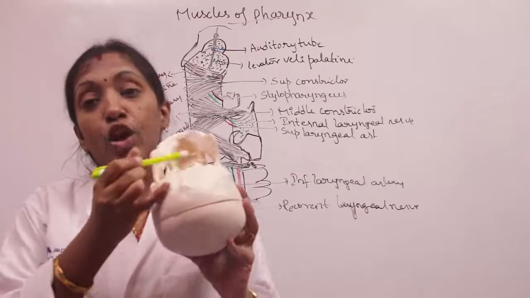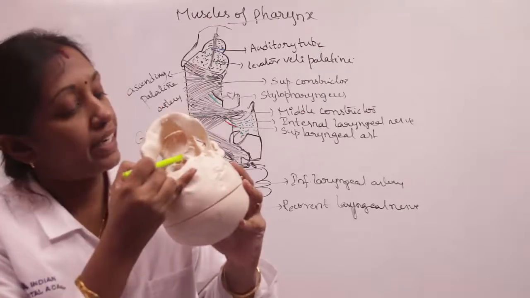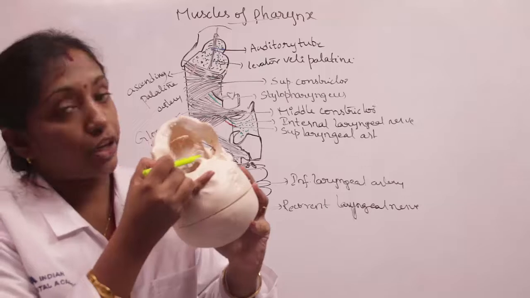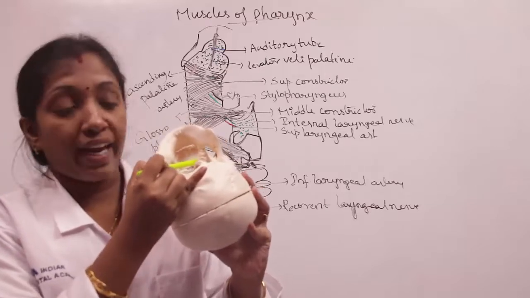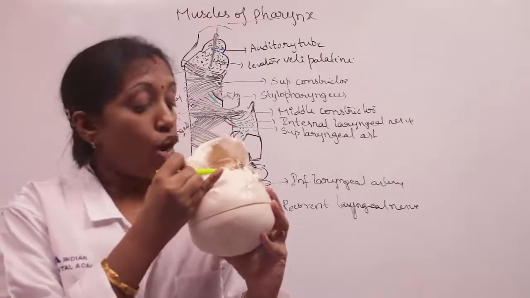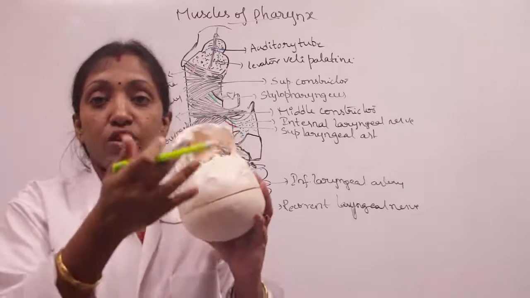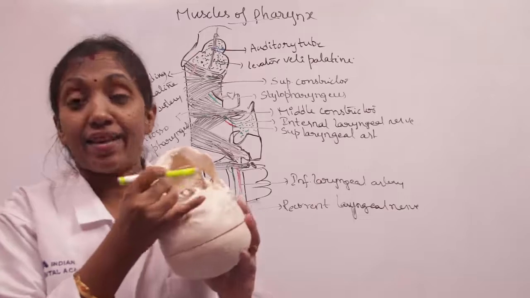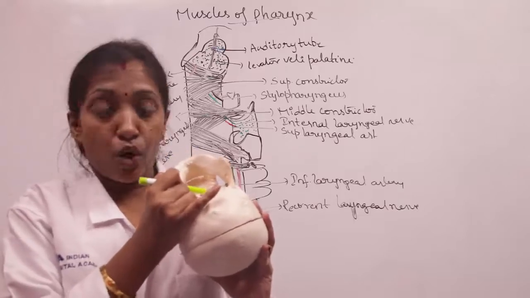The superior constrictor arises from the lower and posterior border of the medial pterygoid plate, the pterygoid hamulus and the pterygomandibular raphe, and also from the side of the tongue. So those are the origins of the superior constrictor.